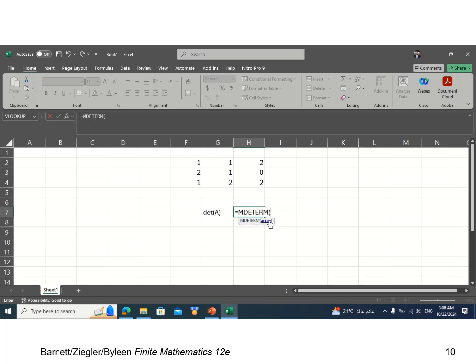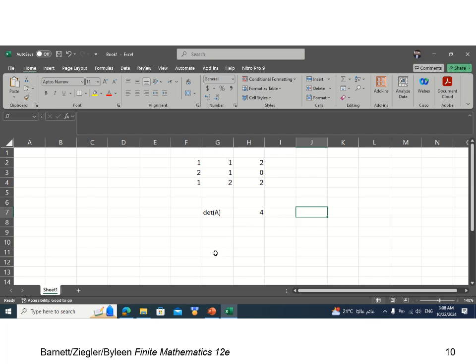So for the array, select our matrix and press enter. It will be 4. It's of course non-singular, so there is one solution.